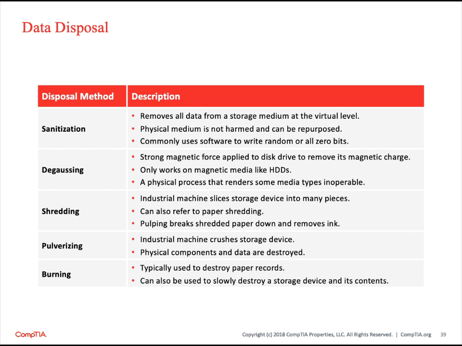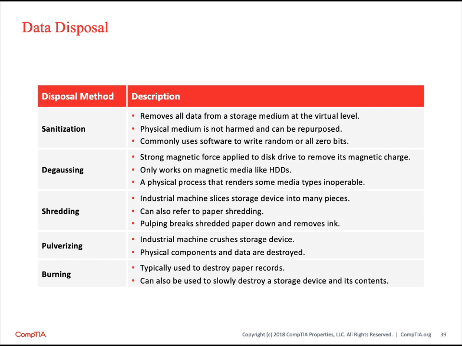Degaussing. Degaussing is a strong magnetic force which is applied to a disk drive to remove its magnetic charge. This is only going to work with magnetic media such as hard drives, HDDs, hard disk drives. So it's a physical process.